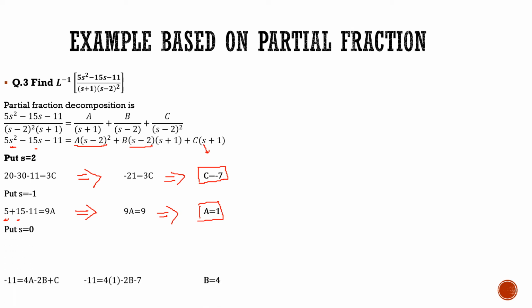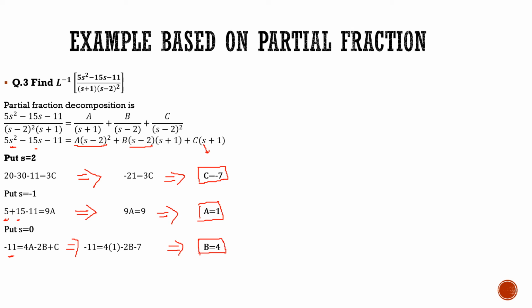If I put s is equal to 0, the right hand side will be 4a, because 0 minus 2 whole squared gives 4a, minus 2b plus c. Now I can put the value of a which is equal to 1, which I already found in the previous equation. So put a is equal to 1 and c is equal to minus 7, so I'll find the value of b, that is 4.